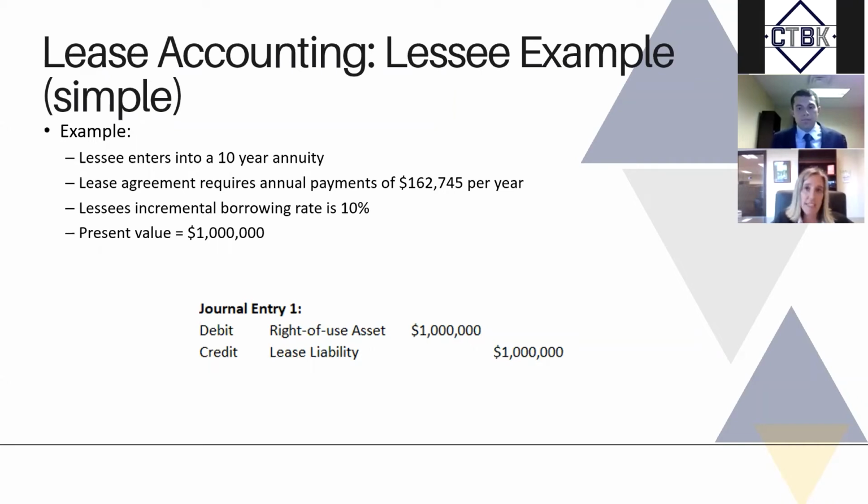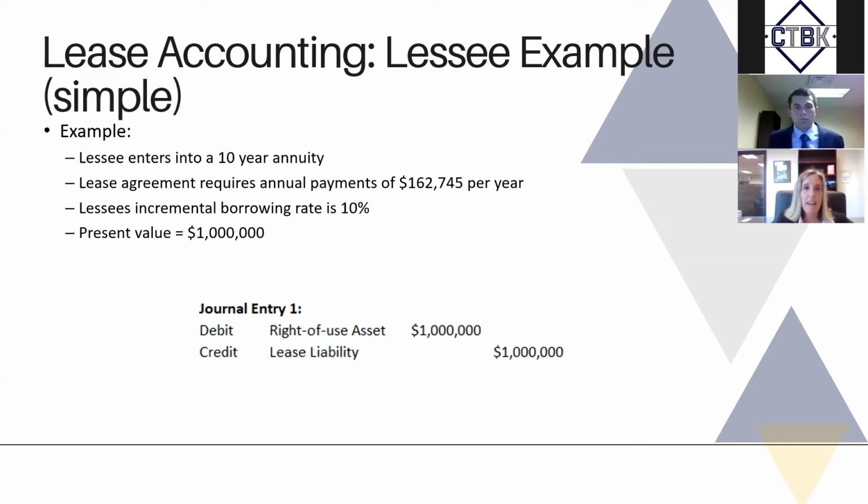So this is a very simple lease. In Lease Webinar 2, I will go through what a variable lease payment example looks like, as well as a lease that includes some initial direct costs, and what the accounting looks like from that perspective. Both of those more detailed examples, as well as a revisit of this example, will be provided in Lease Webinar 2.